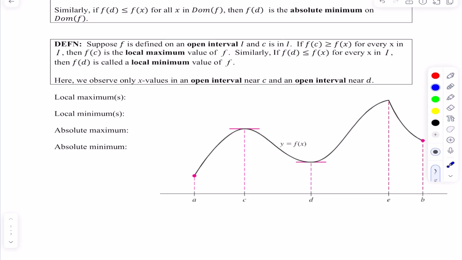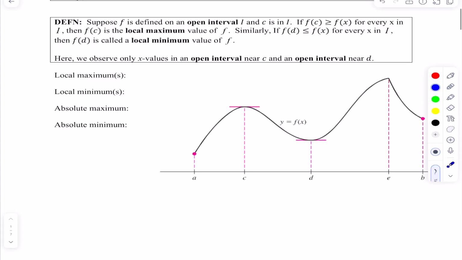Local sounds like your local trip to the local grocery store. It shouldn't be that far away. So here's another definition. Suppose f is defined on an open interval I, and that will localize or pinpoint a smaller location.